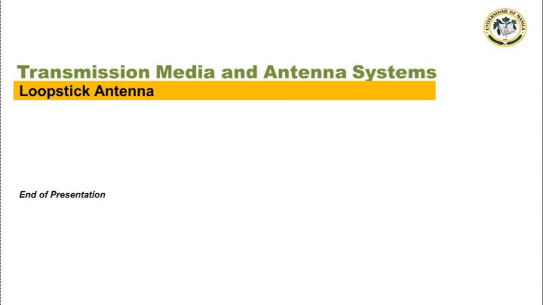The permeability of a rod increases the inductance of the coil wound around the rod by a factor equal to the permeability itself, as compared with what the inductance would be if there was no rod inside the coil at all. A loopstick is a shrunk down small multi-turn loop antenna for receiving purposes.